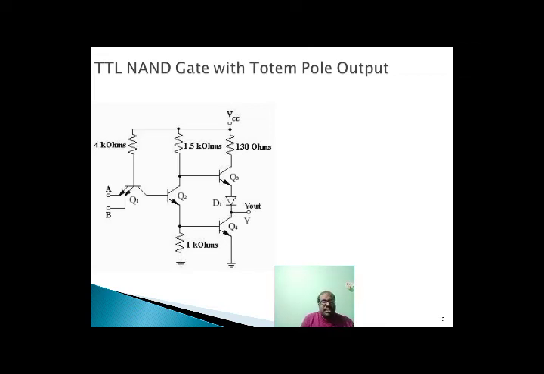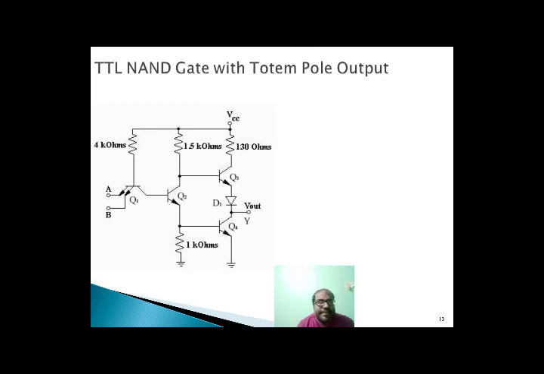By seeing these values, we can judge that when both the inputs are high, the output will be low, and if both the inputs are low, as well as if any one of the inputs is low, the output will be high. By viewing this truth table, we can judge that it follows the operation of the TTL NAND gate.